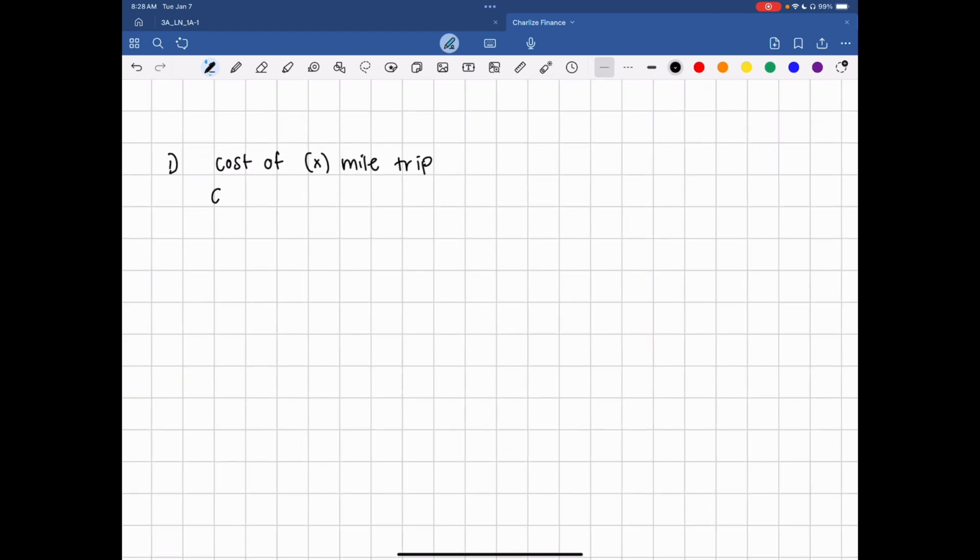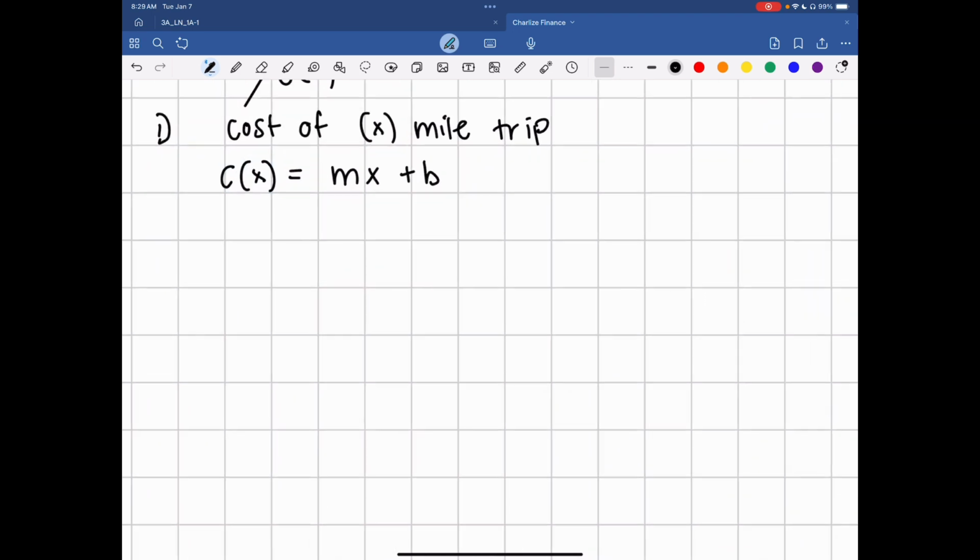So I'm just going to say C of X again, because this is going to be repeated, the C as in cost. I'm going to say C of X is equal to mx plus b, and then we can replace the variables.